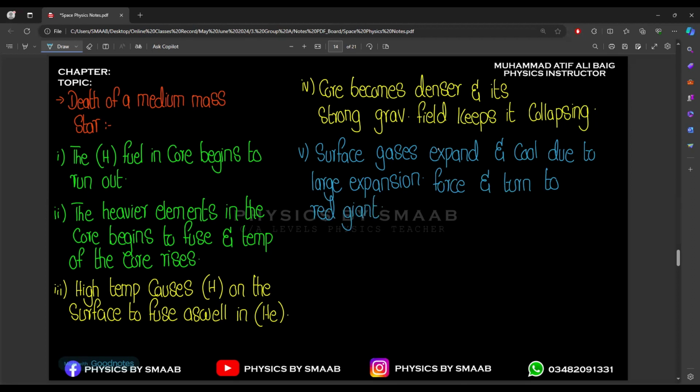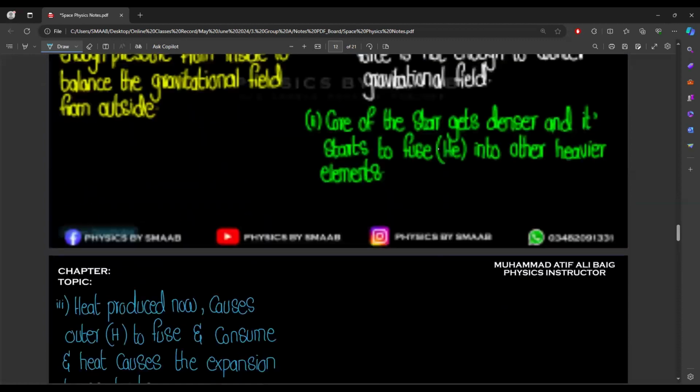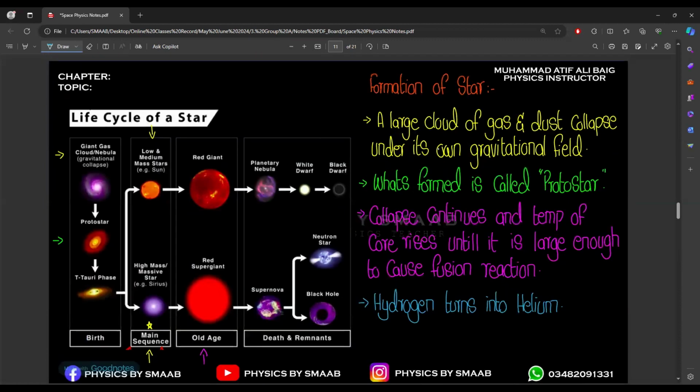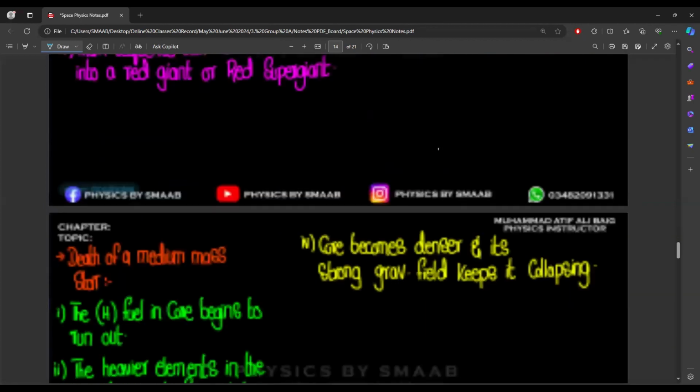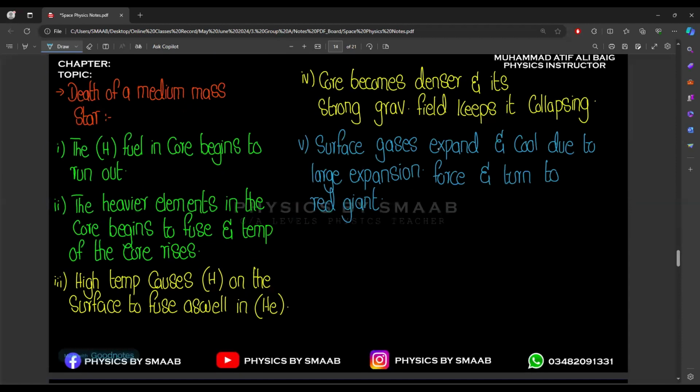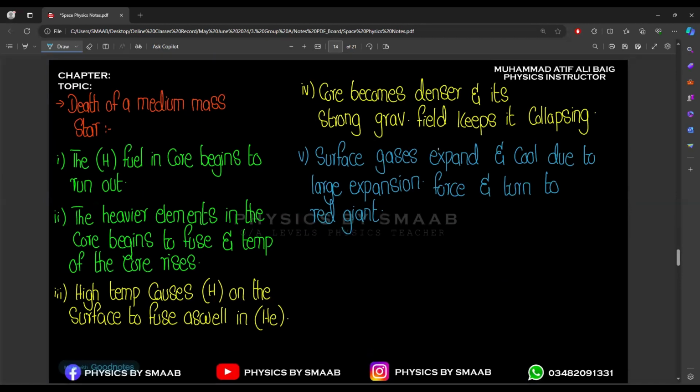So now when it converts into a red giant, the next part is that this red giant is going to be converted into a planetary nebula. So how does it convert into the nebula? We already discussed the fifth stage. Now how does it convert into the sixth one?